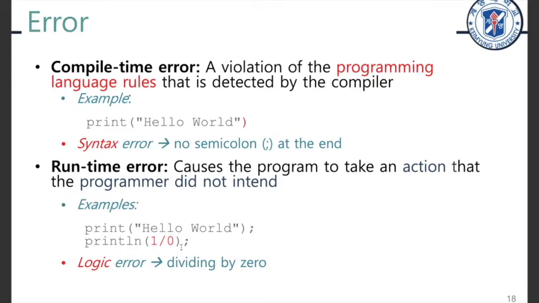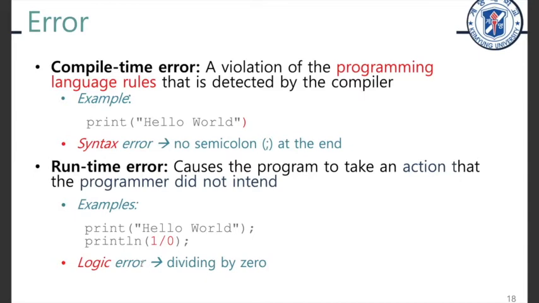It will not recognize it as a language violation, because here you are not violating the language. Rather, you are violating a logic. In this case, we call it a runtime error, also known as a logic error. And you will know you made a mistake once you run the program or after you run the program.